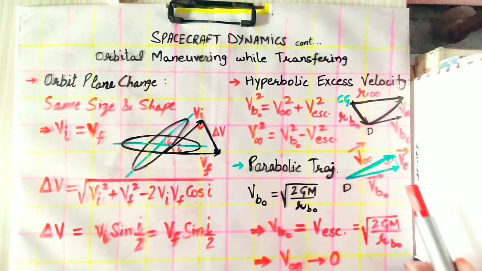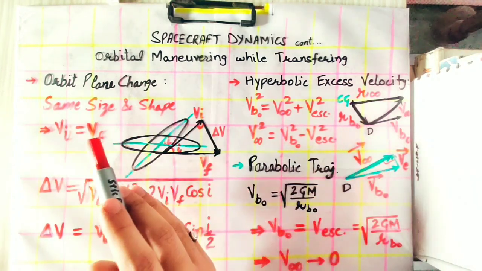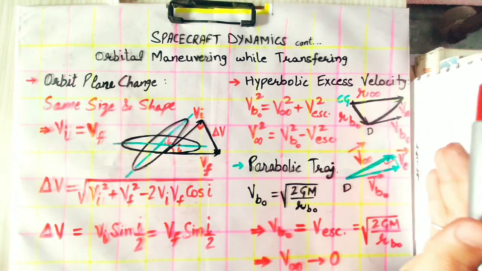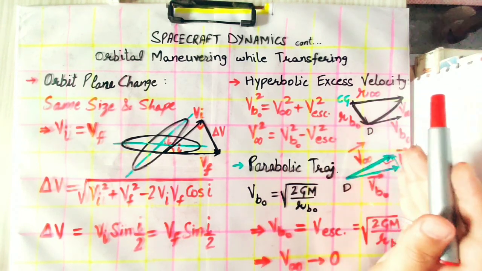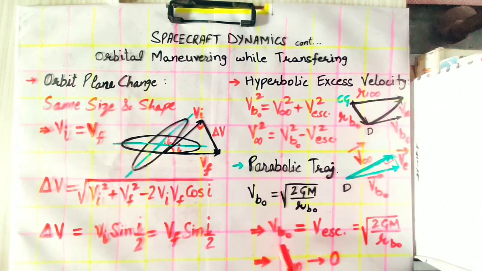Therefore it only follows a parabolic trajectory up to a point where its potential energy and kinetic energy get balanced, and the gravitational force of the Earth diminishes, or say becomes exactly 0. Here we can see it will attain a velocity of VB naught equal to V escape, which is equal to the square root of 2GM by RB naught. And with this we have completed spacecraft dynamics, orbital mechanics and gravity as well. Thank you.